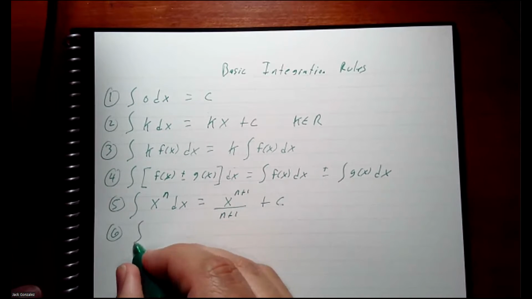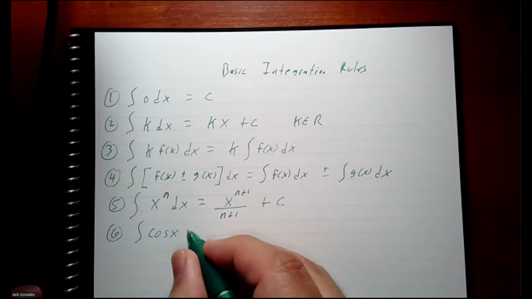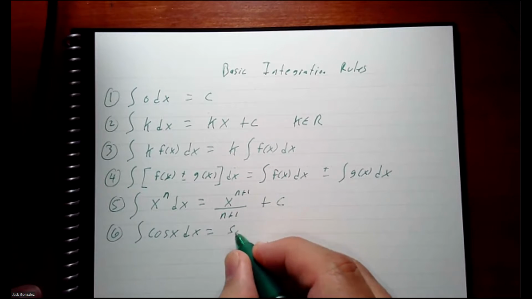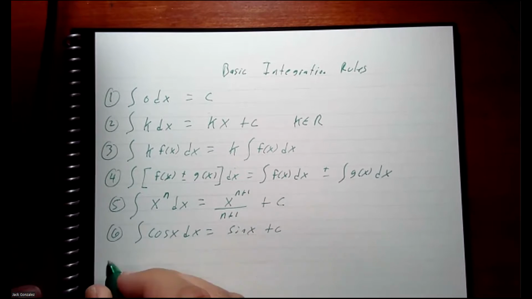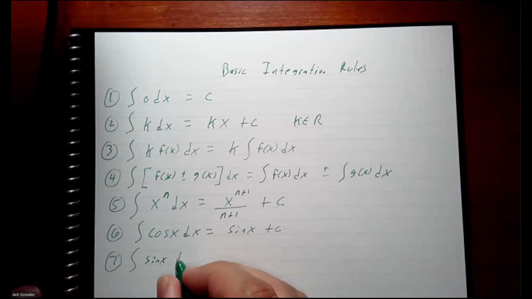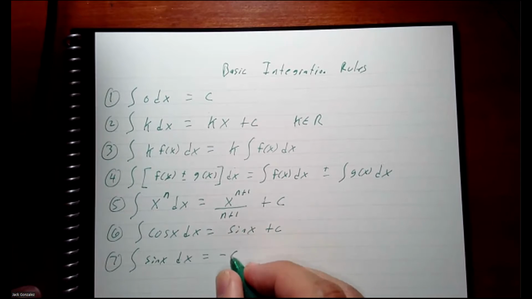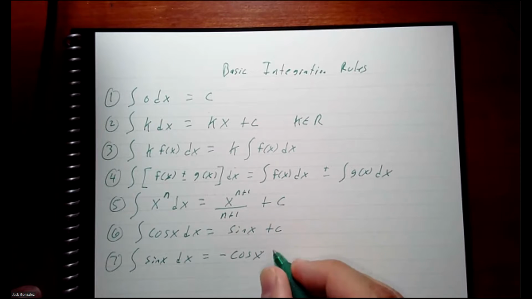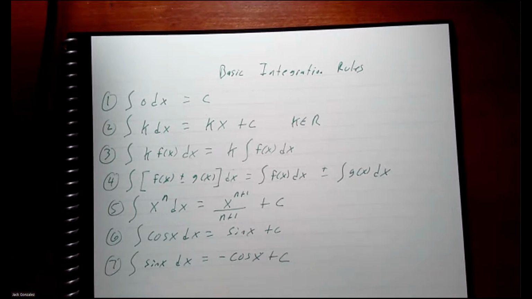Six, the integral of cosine x dx is equal to sine x plus c. Seven, the integral of sine x dx is equal to negative cosine x plus c. Eight, the integral of secant squared x dx is equal to tangent x plus c.